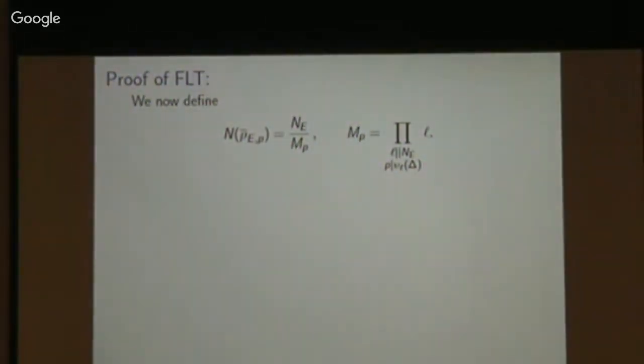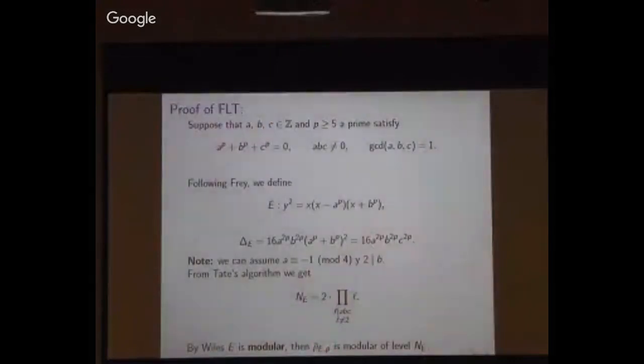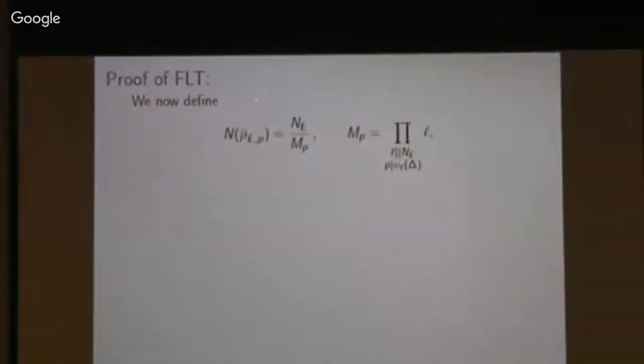So we mentioned that the modularity of the mod P Galois representation can sometimes be achieved by more than one form. So we wonder what's the smallest level that can give us the modularity of the mod P Galois representation attached to the elliptic curve. For that purpose, we need the following definition.